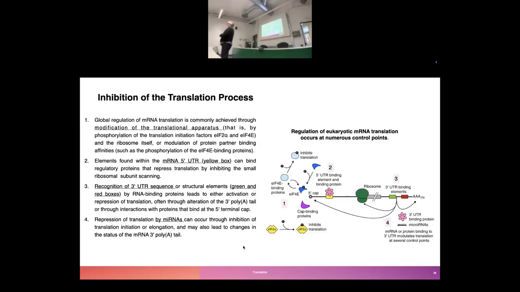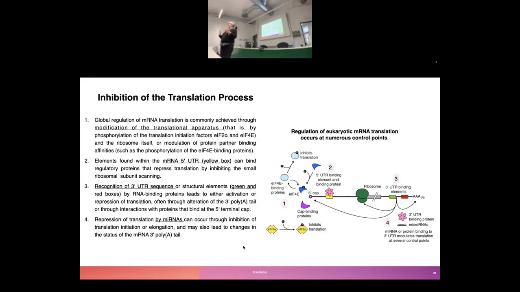Okay? So again, I come to your question. The general rule is that the small subunit interacts with the 5 prime and slides up to the AUG and so on.